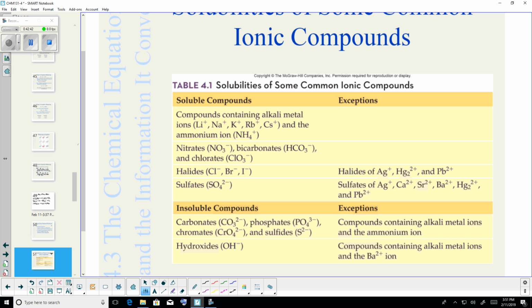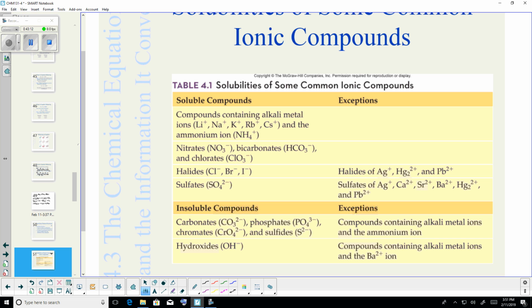No exceptions. Halides, things that end with Cl, Br, I, are soluble, some exceptions. Salts of silver, Hg2 2+ and Pb2+ are insoluble. Sulfates are soluble except for sulfates of silver, calcium, strontium, barium, mercury, and lead.